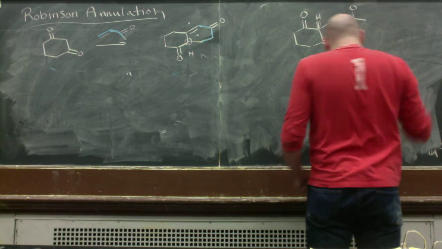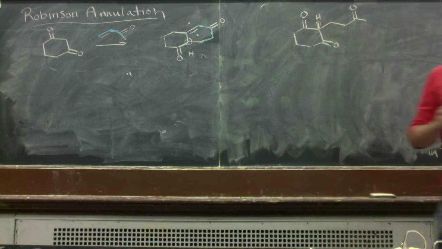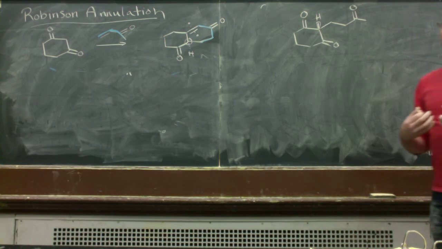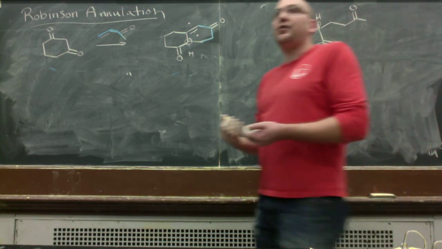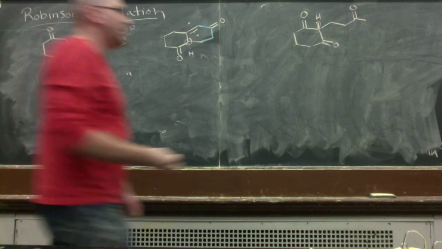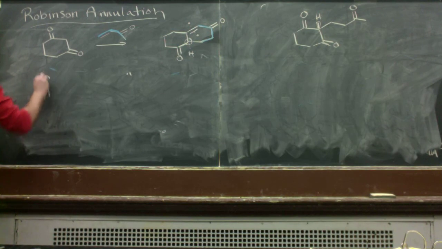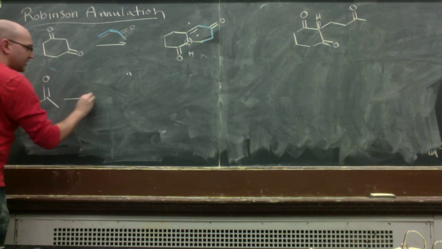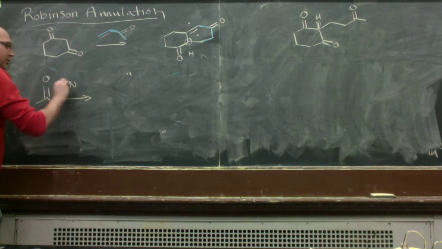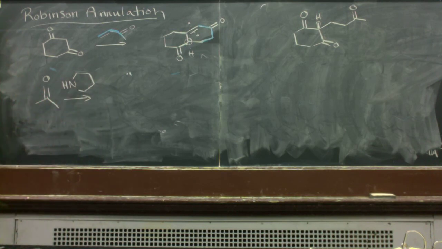And that's enamines. Because much like enolates, another type of nucleophile that's derived from ketones are enamines. This is when you have a ketone, and again, we've already seen this chemistry in the past. You take this molecule, you treat it with, say, for example, a cyclic amine.